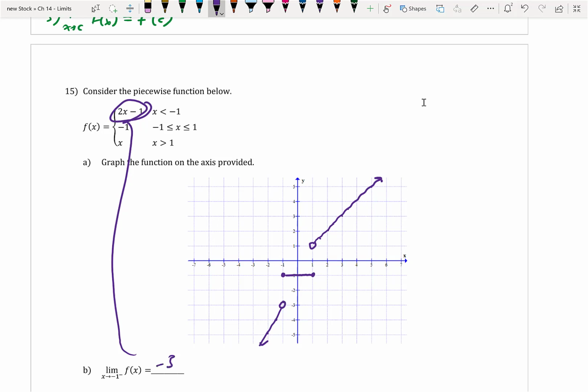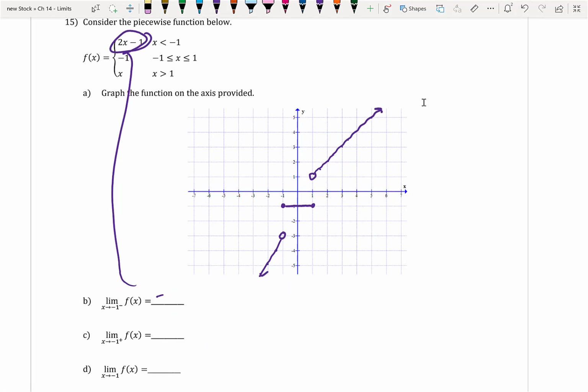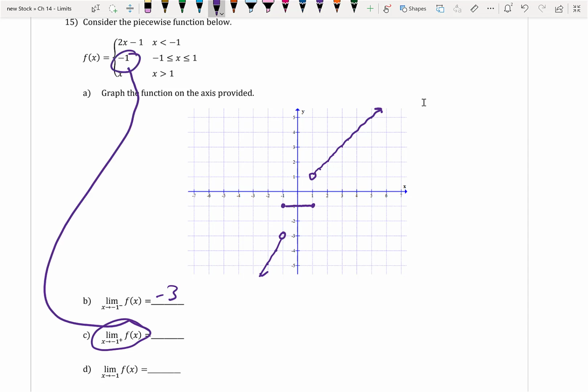I should get negative 3. Approaching negative 1 from the right actually means I'm plugging it in here, because that's the piece that I'm approaching from the right side. It should also be negative 1. And then as I approach negative 1, neither from the left or from the right, I have to say does not exist, because the two of them are not the same point.